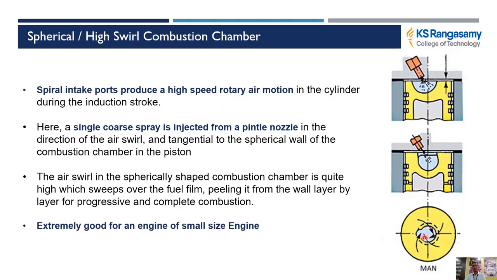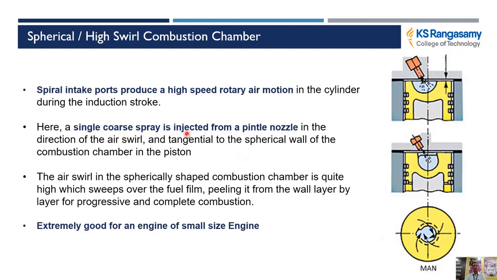We can see in the top view that the air is rotated inside the combustion chamber, so that it will mix the air with the fuel. Also, because of the spherical shape, the combustion chamber makes the air rotate in a shorter area, so it will assist the mixing of fuel with the air and complete combustion can take place.